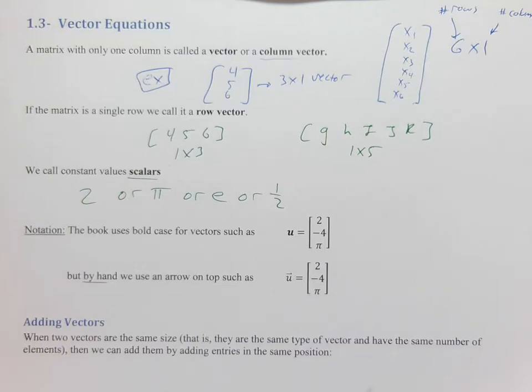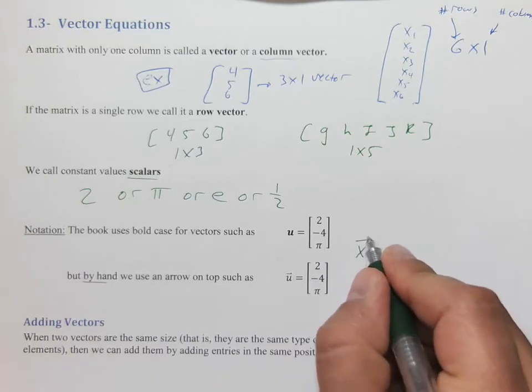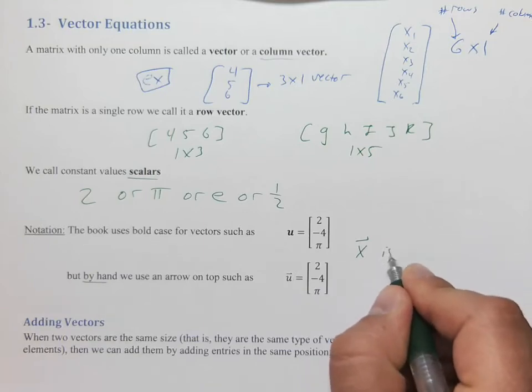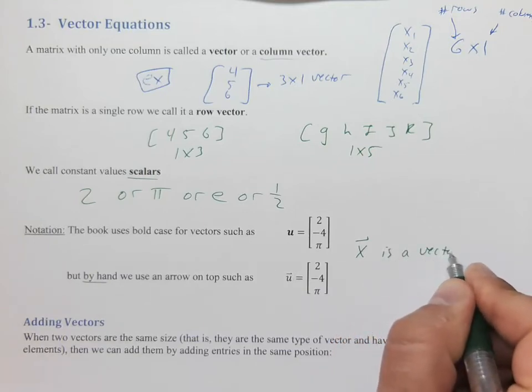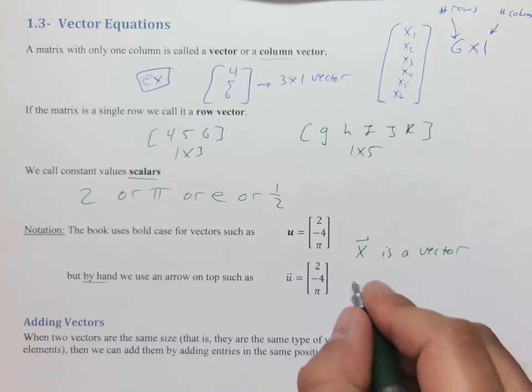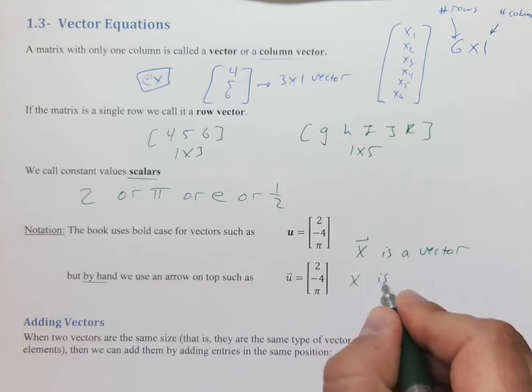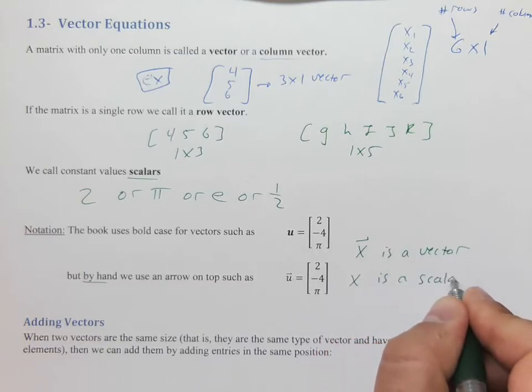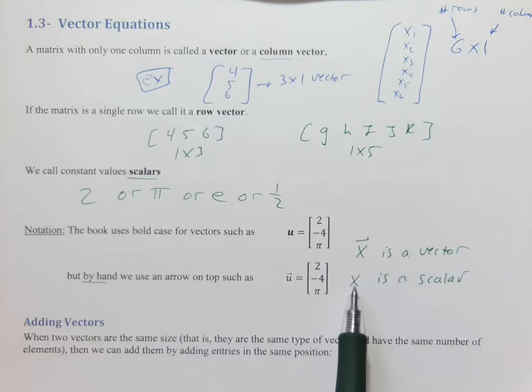So if I write x with the vector sign, we know that that is some kind of vector. But if I just write x, that's going to be a scalar because it doesn't have a hat, so we think about that as a constant in that case. All right, so just some notation and a few definitions to get us started.